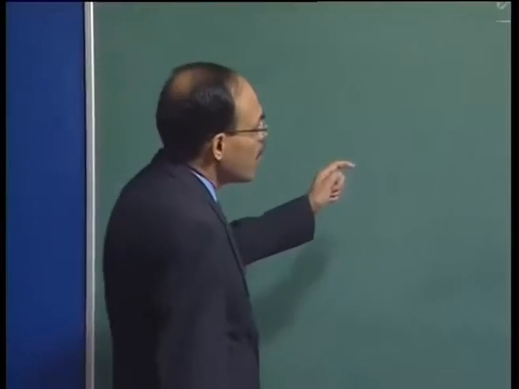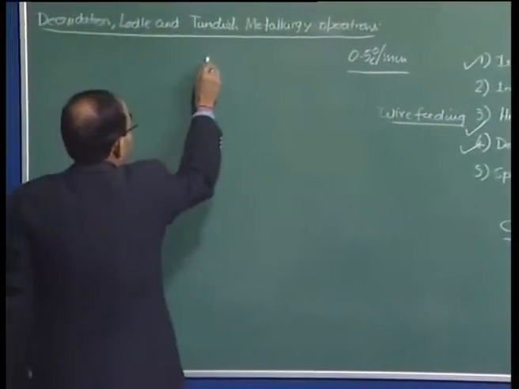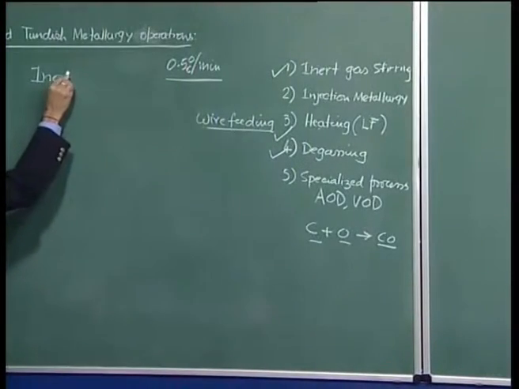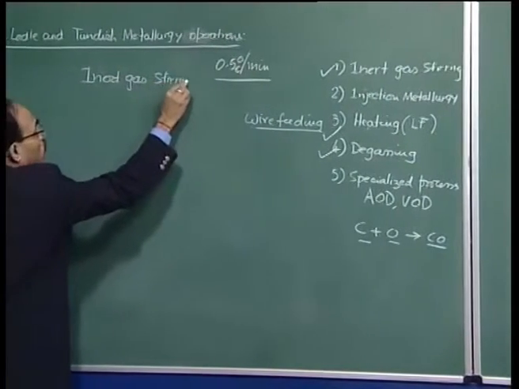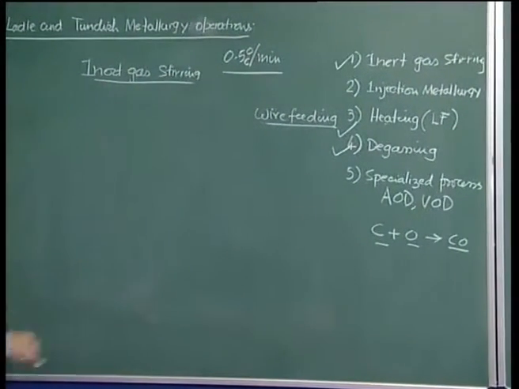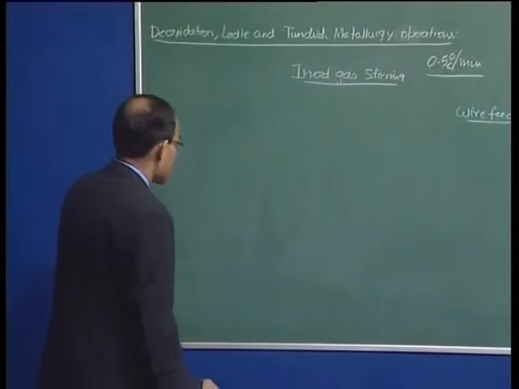So, now I am going to discuss inert gas stirring in detail, and since the steel is now sitting in the ladle, we will talk first about the construction of a ladle, which is very important for us to understand.